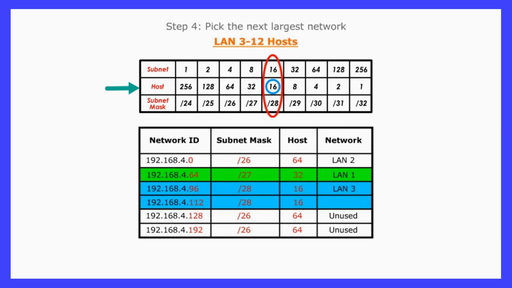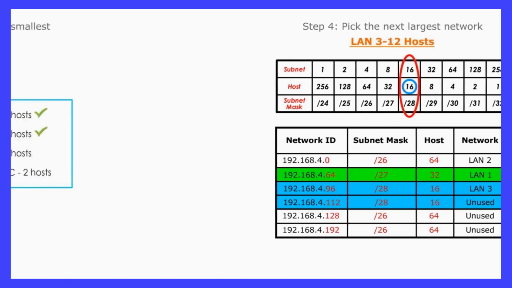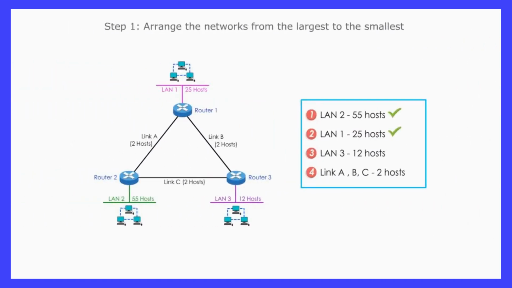We choose 192.168.4.96/28 for LAN 3, and we mark 192.168.4.112/28 unused at this point and reserved for future use. We have completed step 4 and we move to the last step.